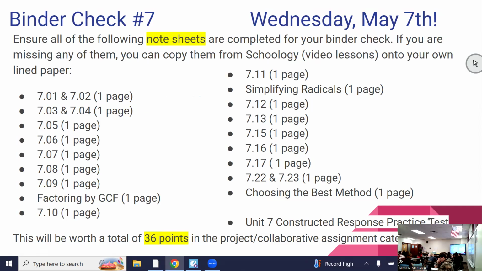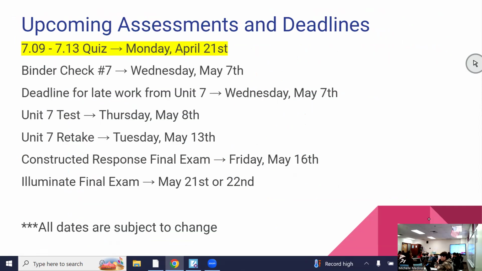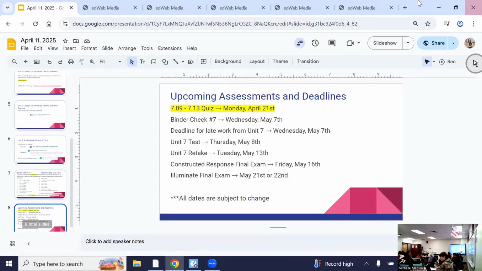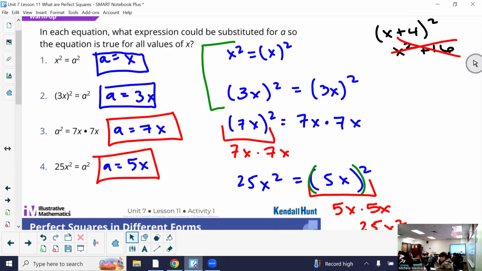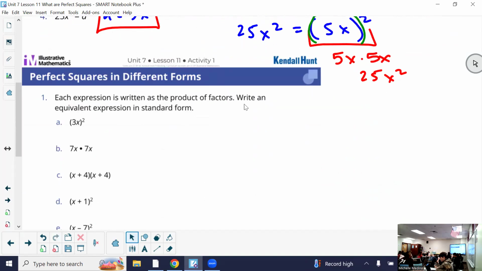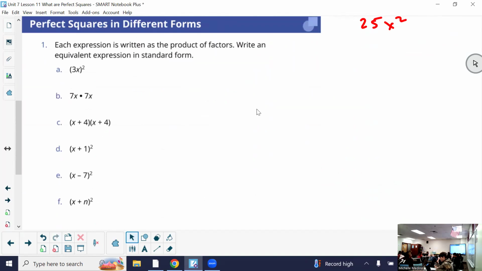You need to be ready. Today I have tutoring till 3. Tomorrow, Saturday Academy. You could ask questions on the study guide for Unit 7, whatever you need to make sure you're ready. But there's that. Questions? Okay.